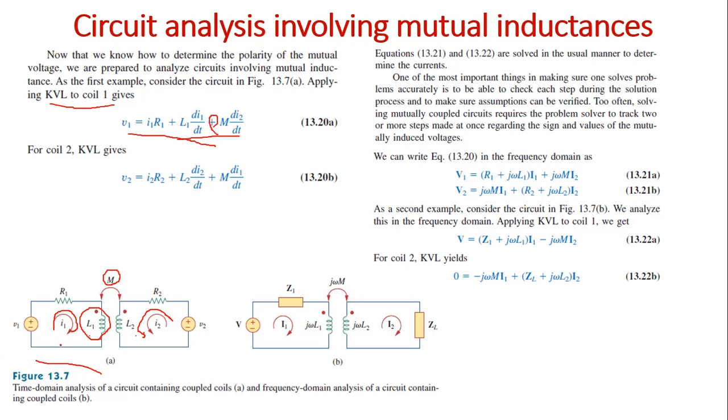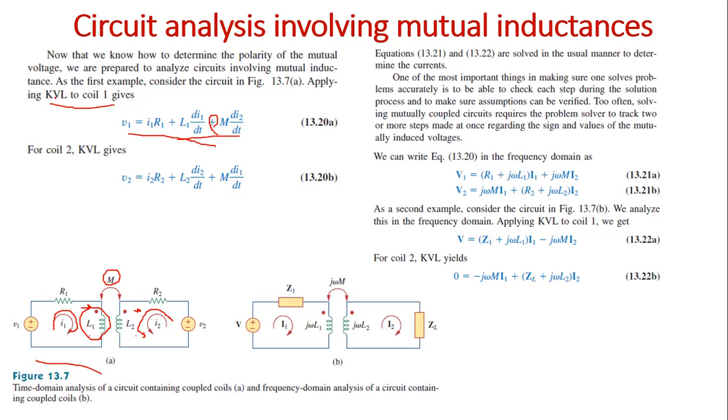Look at the dot convention. In the first part of the circuit, the current enters the dotted terminal. In the other part of the circuit, this terminal is positive. Moreover, here also the current enters the dotted terminal, so the mutual voltage is positive.